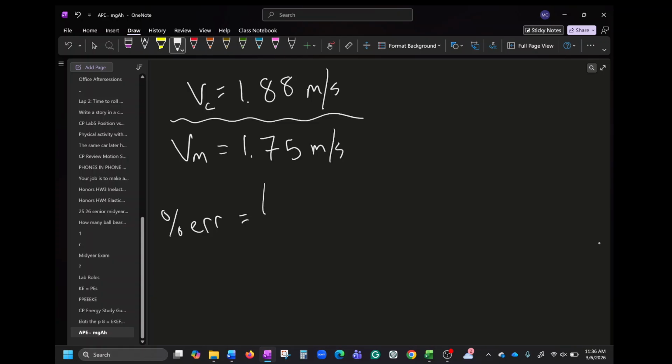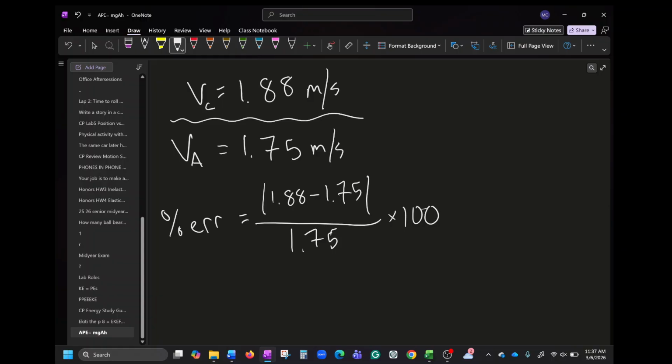So the percent error is going to be the calculated value, 1.88, minus the actual value, 1.75, absolute value of that, over 1.75, which is the actual value, and that's going to be times 100.